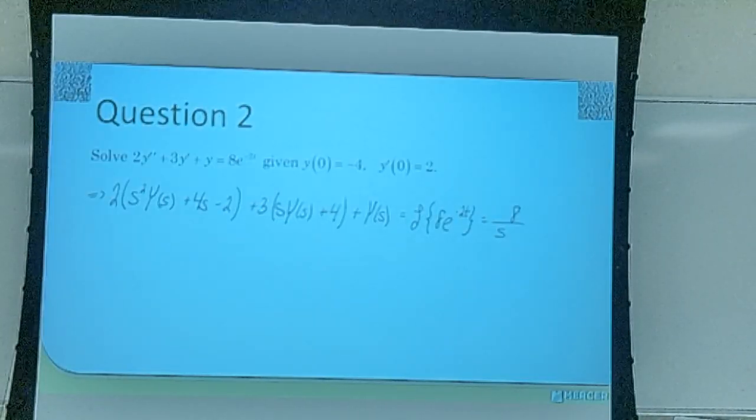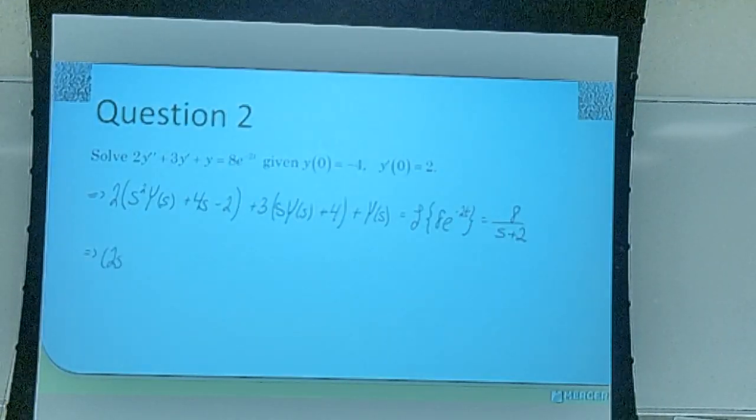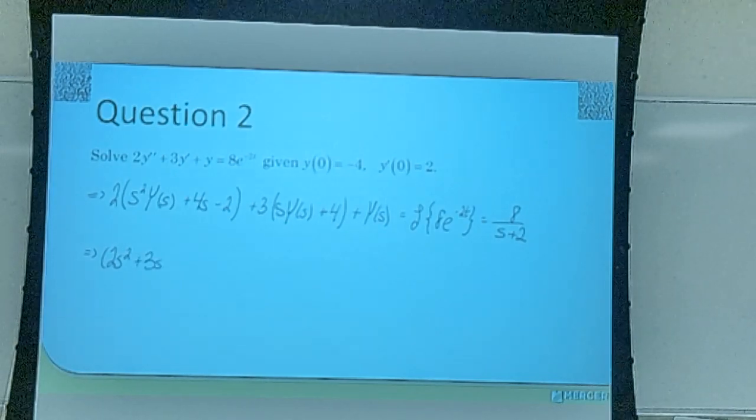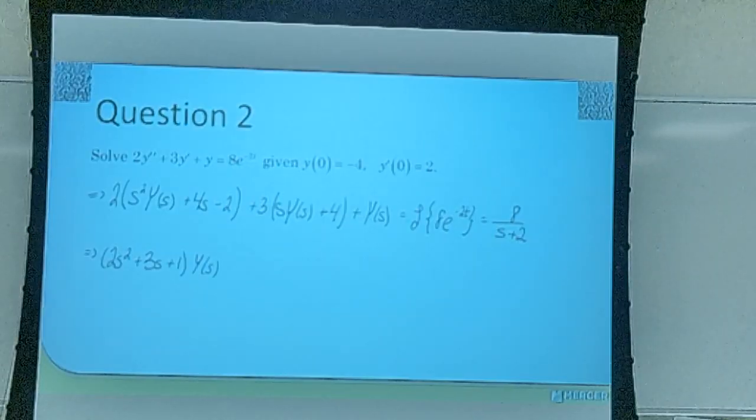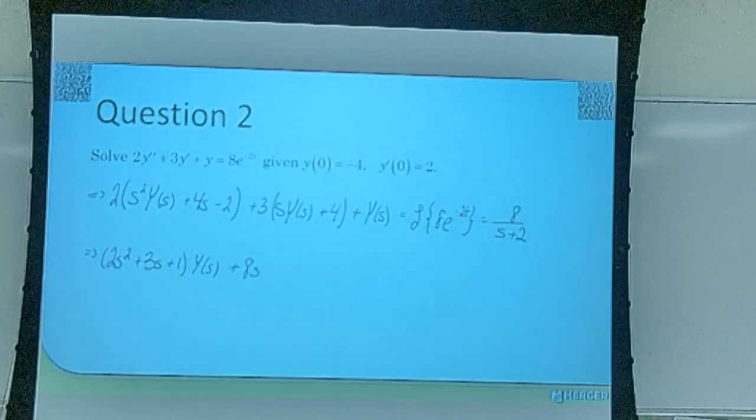Or s plus 2. Right, s minus negative 2. Okay, so we're going to have plus 8s minus 4 plus 12 is plus 8.